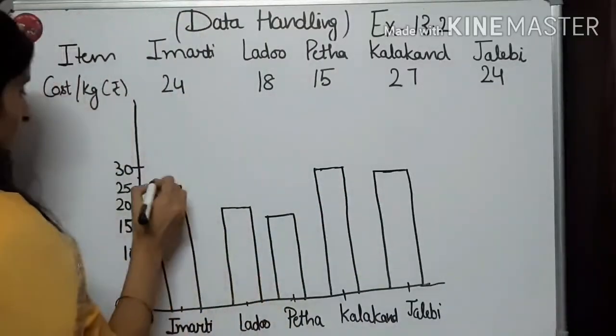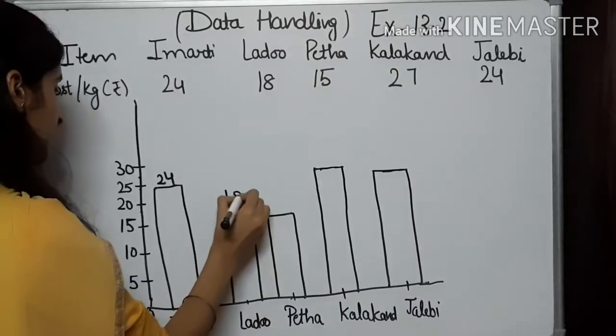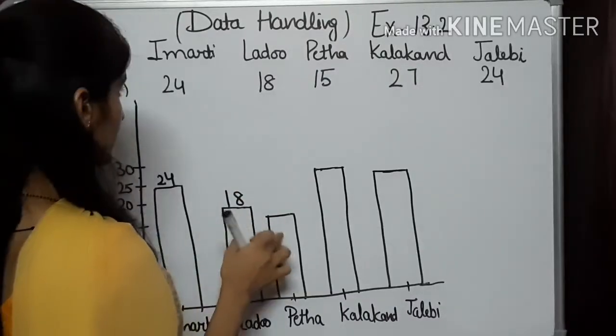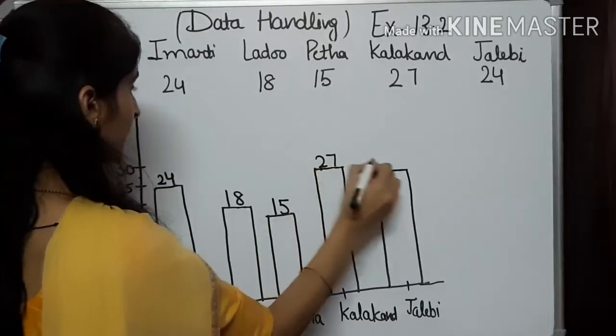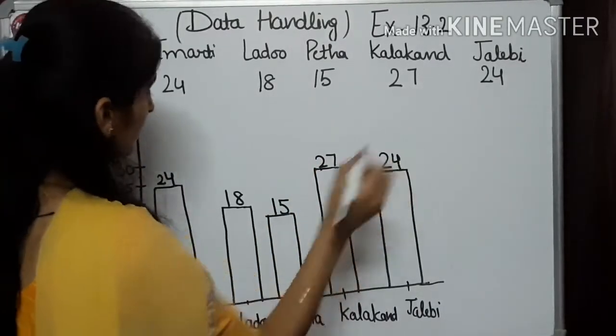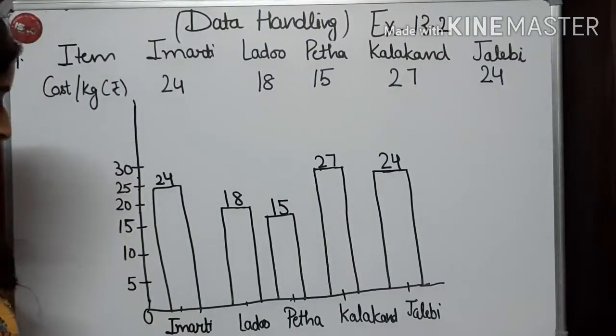Okay, so this is 24, this is 18, after that this is 15, this is 27 and this is 24. So likewise we have to draw a bar graph.